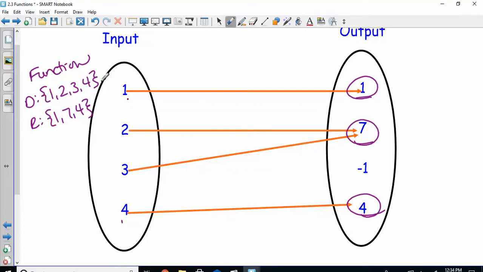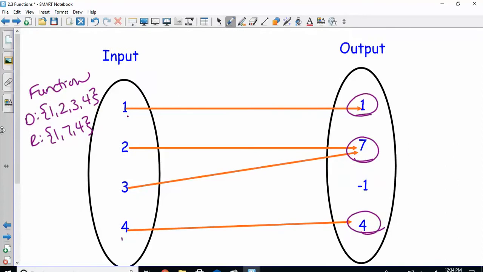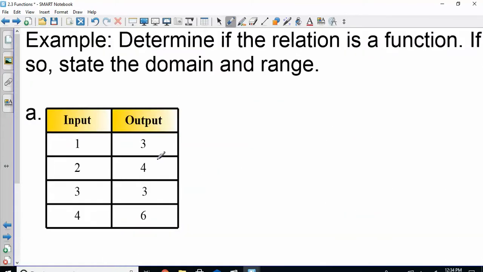All right. What if I gave you a table of values? So I have a couple of these. I want to decide if it's a function and then give domain and range. So is this one a function? Yes. What's your domain?